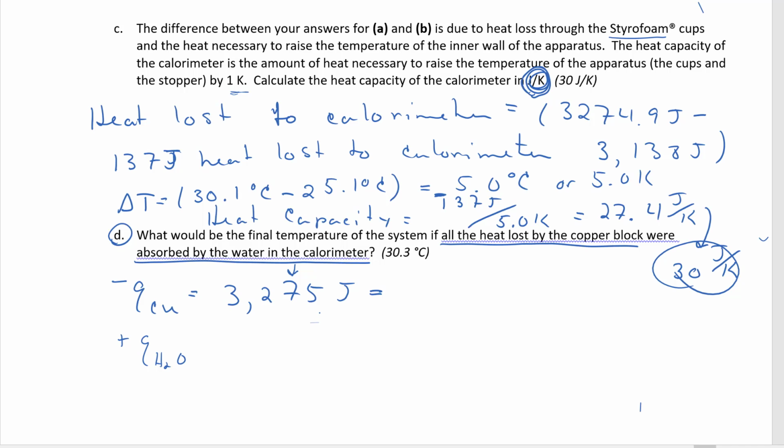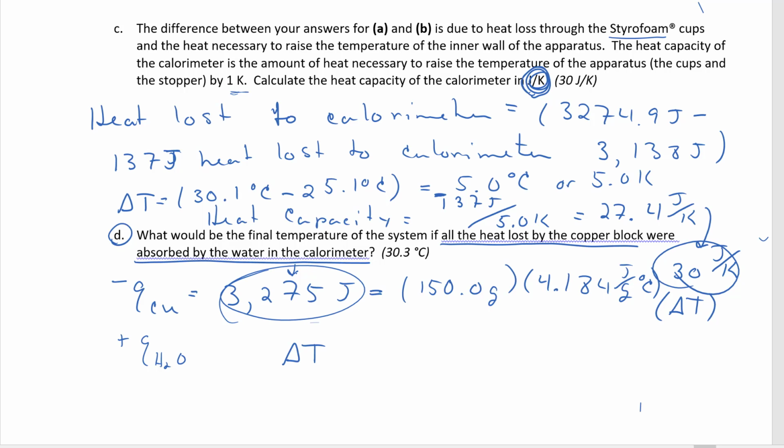So I'm going to leave Q positive and set that equal to the 150.0 grams of water. Specific heat of water is 4.184 joules per gram degrees Celsius. And oops, my change in temperature is what I'm going to calculate. So when I calculate delta T for the water, if all of this energy was absorbed by the water, I end up getting 5.218 degrees Celsius.